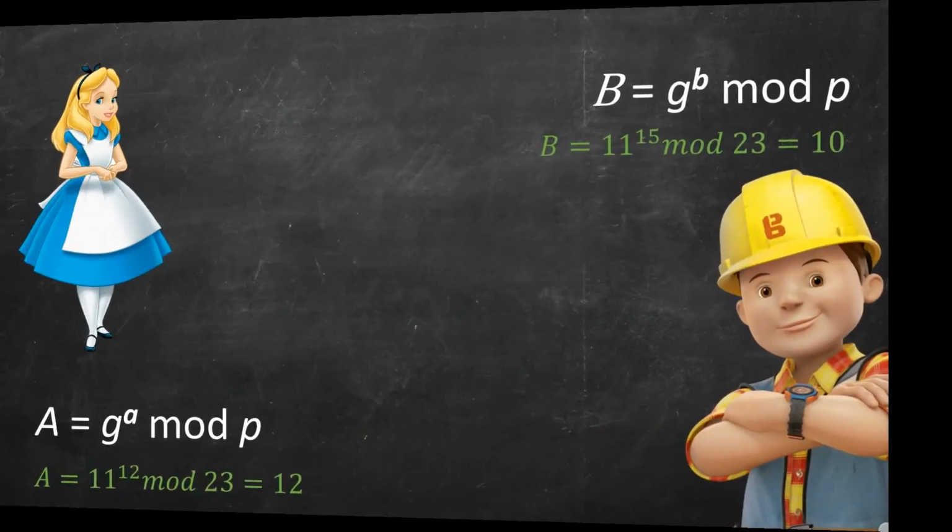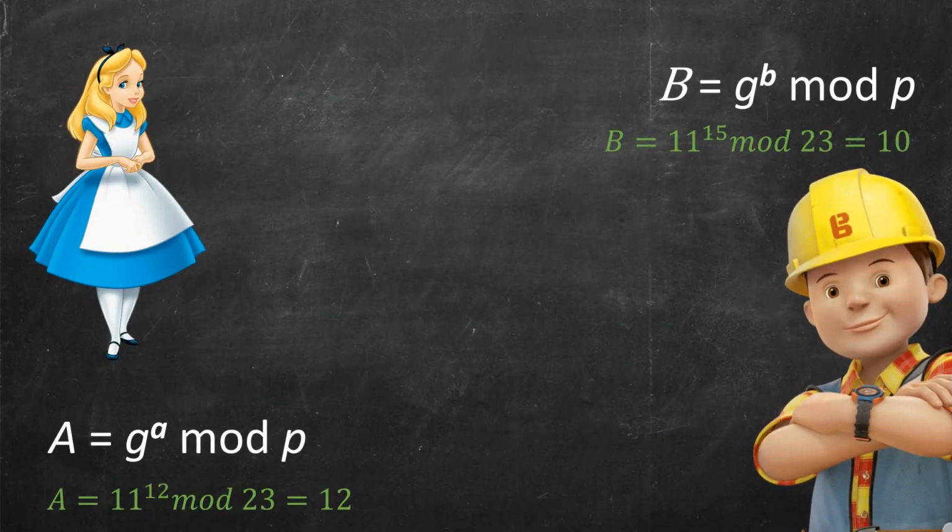So if we look back at this, when Alice calculated A, she got 11 to the power of 12 and then divided that by 23. 11 to the power of 12 is a huge number. But Alice has technically 23 possible solutions, and so does Bob.